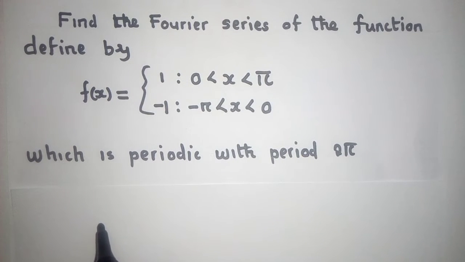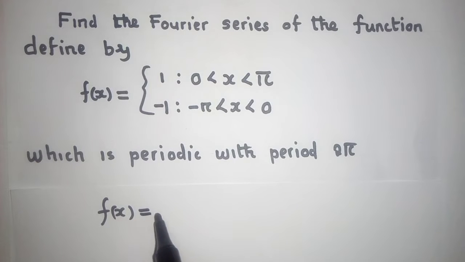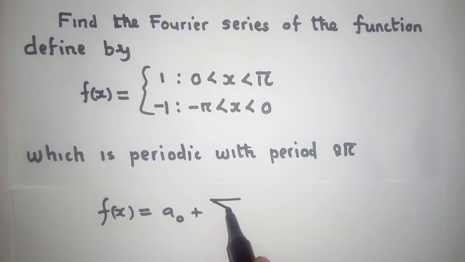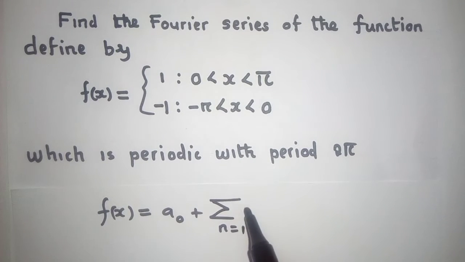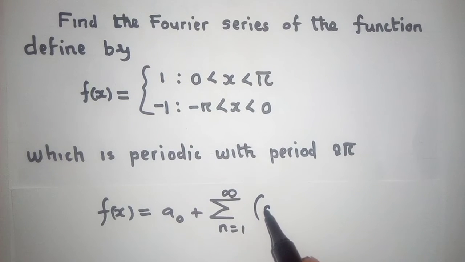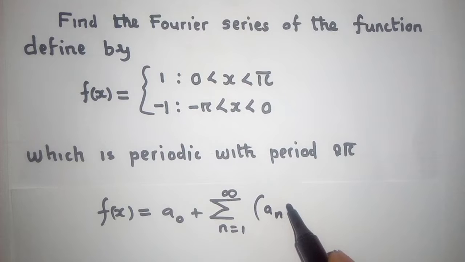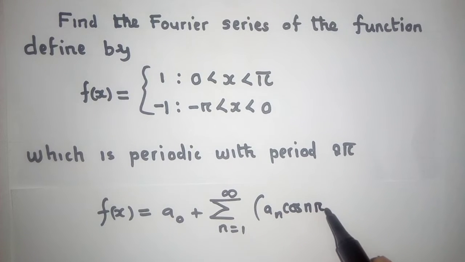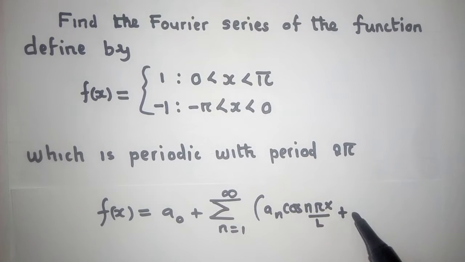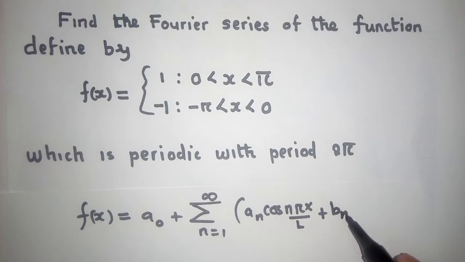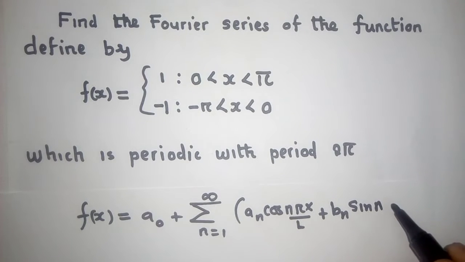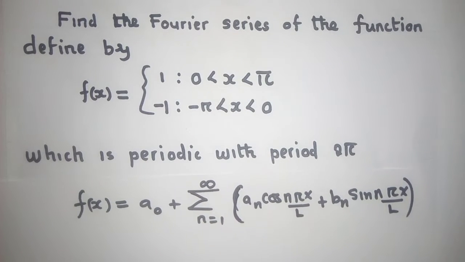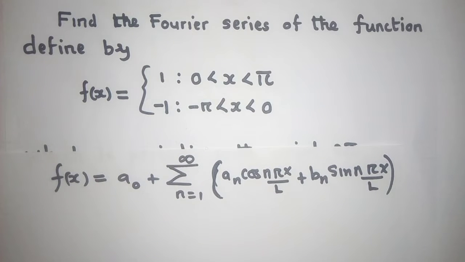The first formula right here is f of x is equal to a naught plus the summation from n equals 1 to infinity of a sub n cos n pi x over L plus b sub n sine n pi x over L. So we basically need to know this, what I've just written here.